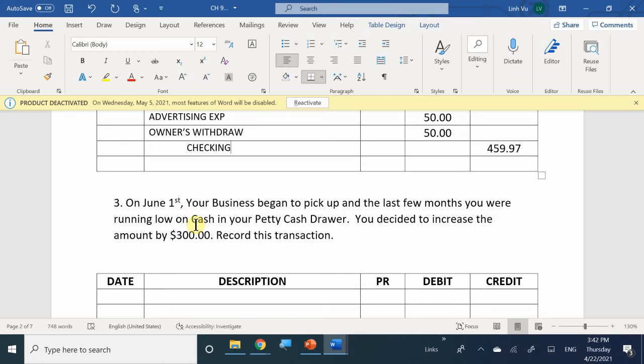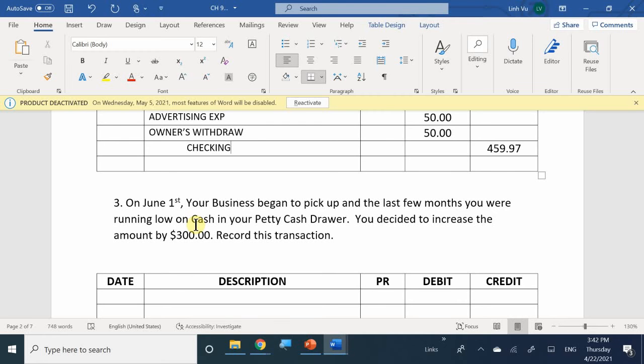All right. Number 3. Is everyone okay? Yes. Number 3 says that on June 1st, your business began to pick up, and in the last few months you were running low on cash in your petty cash drawer.